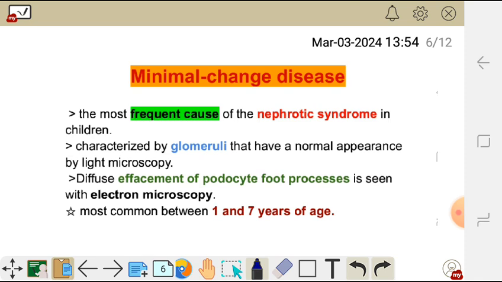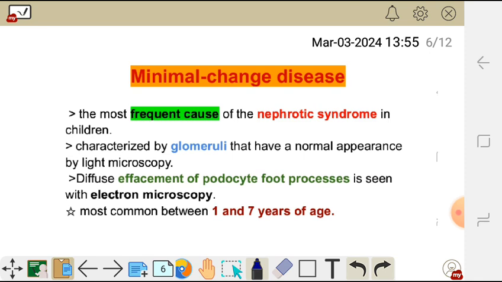Minimal change disease is also characterized by glomeruli that have a normal appearance in a light microscope. So if you get a biopsy of a nephron which has this condition and observe it in a light microscope, you are going to observe a normal appearance of the glomeruli.